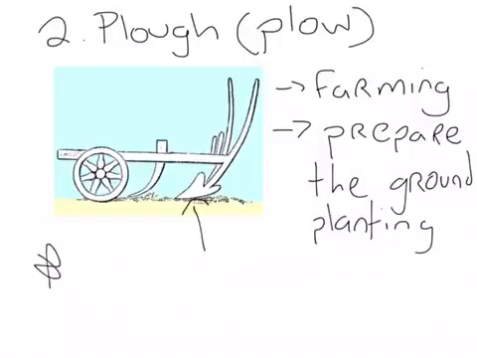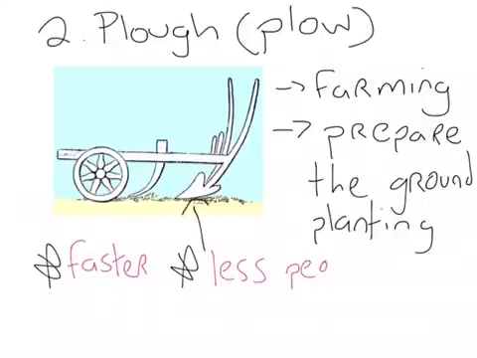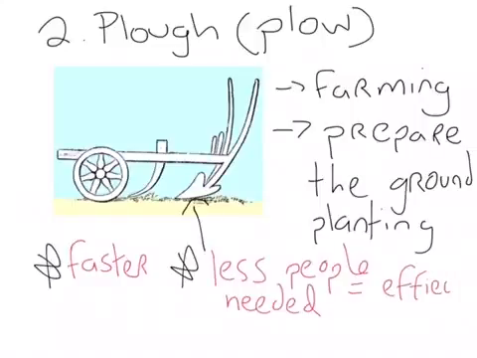Well, number one, hopefully you can guess, it's faster. You need less men to do it. Less people are needed to prepare the ground. And therefore, it's more efficient. If it's faster and less people are needed, it's more efficient.